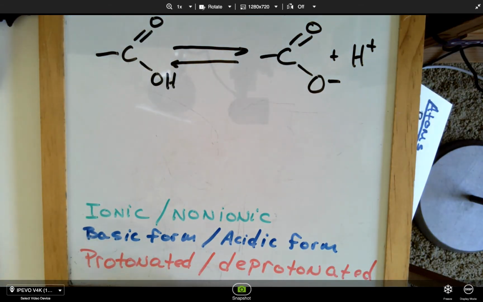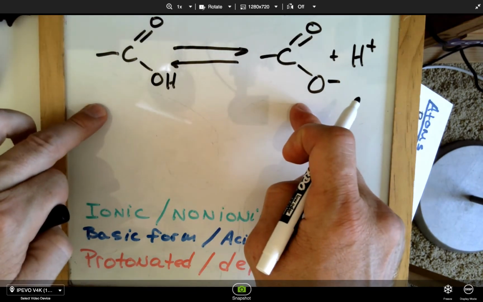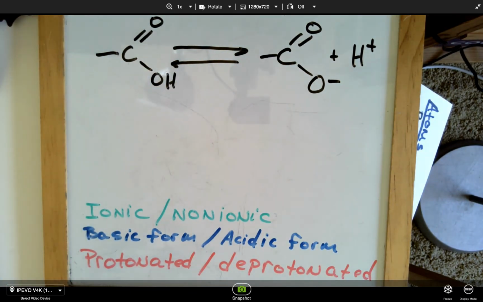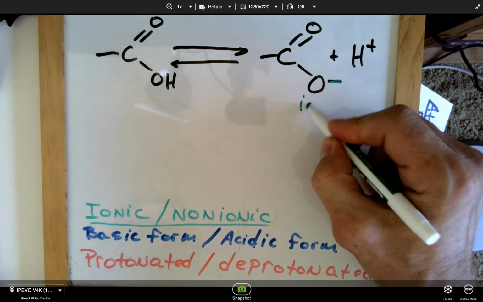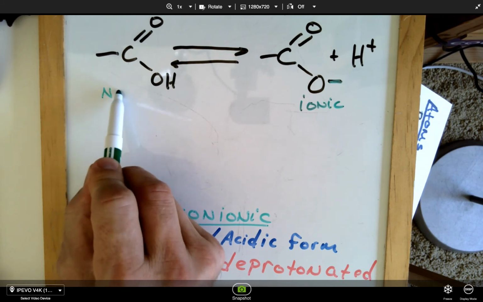Okay, there are a whole bunch of terms that we can apply to this equilibrium, this reaction. The first pair, ionic and non-ionic. Okay, so which one is ionic? Right, it's the one right here. So this is ionic. And this is therefore non-ionic.